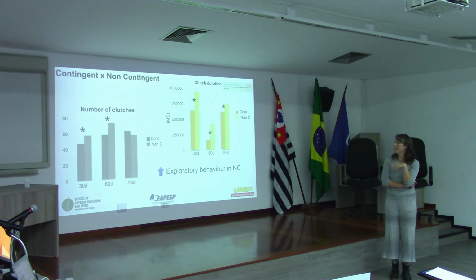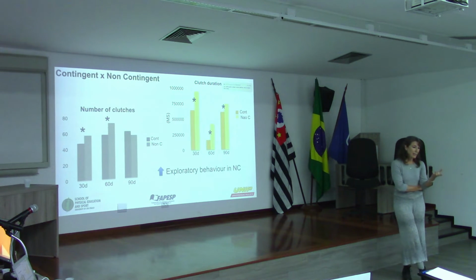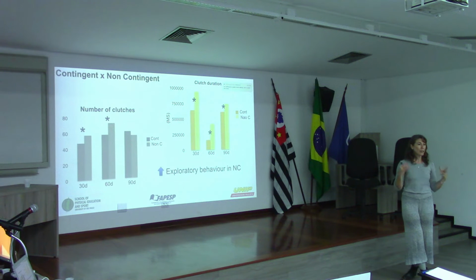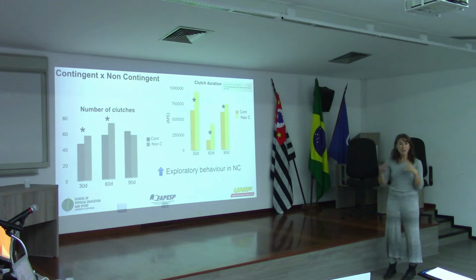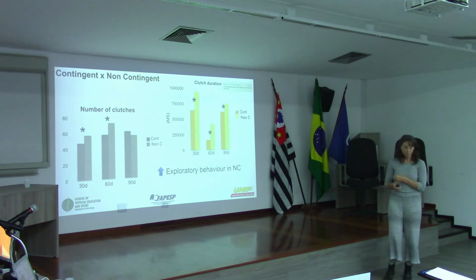The number of clutches was bigger, and the duration of clutches was bigger too. So it seems to us that when the condition was not in agreement with what they thought it was, they were trying to find some kind of relationship between these, so the exploratory behavior increased.